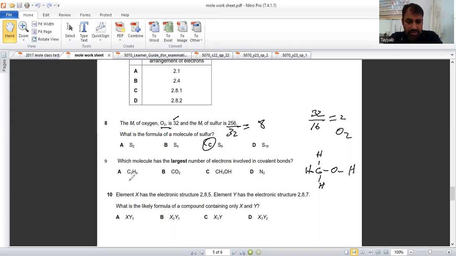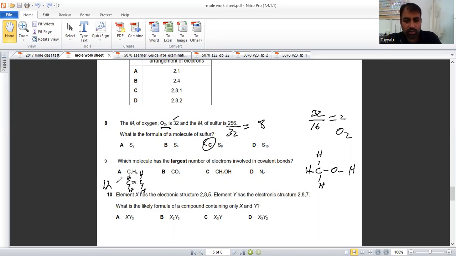If we see in this example, C double bond O and H, H, H, and H: 1, 2, 3, 4, 5, 6. 6 twos are 12. Here, 12 electrons are involved in bonding.